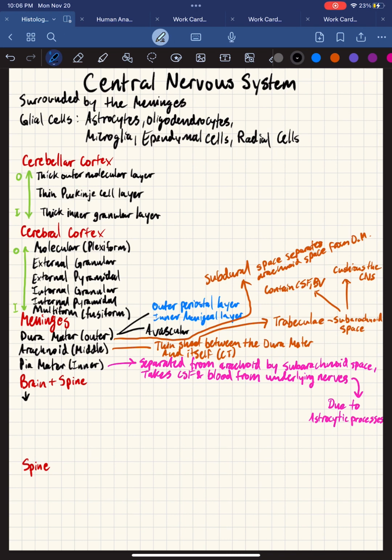So what they're probably going to end up talking about on the quiz in regards to the central nervous system specifically is going to be the differentiation between gray matter and white matter. So the gray matter is going to be made of cell bodies, while the white matter is going to be made of myelinated axons.